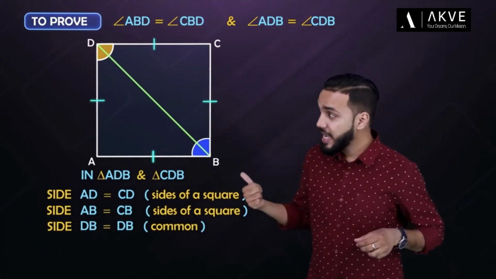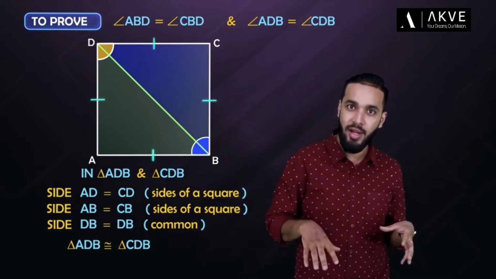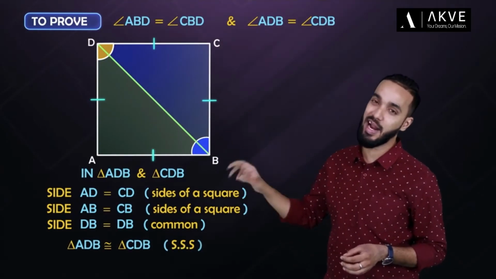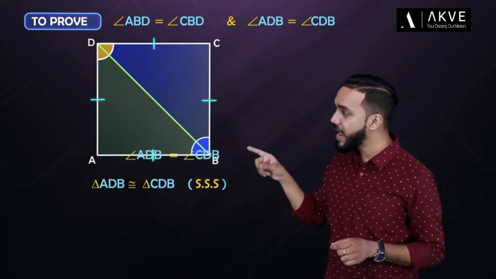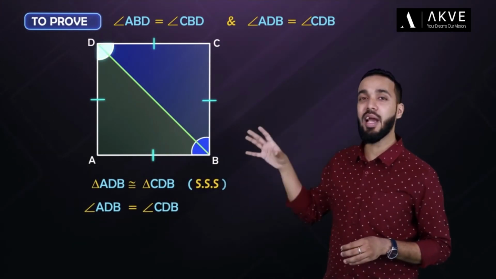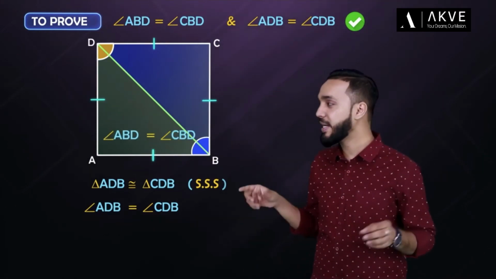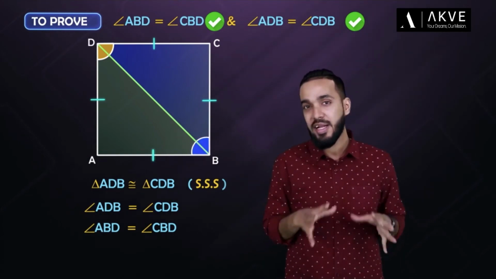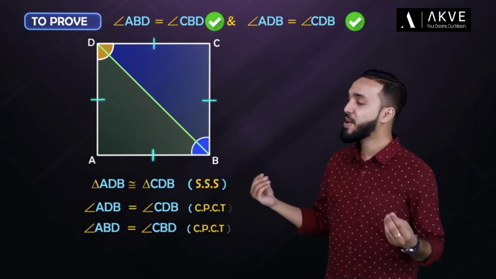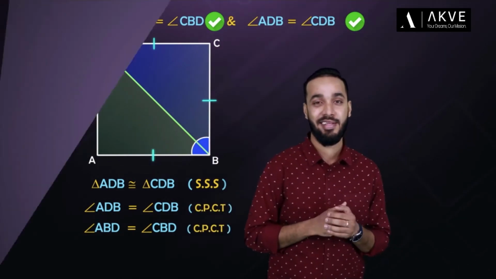Thus, triangles ADB and CDB are congruent by SSS criteria. Then it's easy to conclude that angles ADB and CDB are equal, and so are angles ABD and CBD because they are just pairs of corresponding parts of congruent triangles.